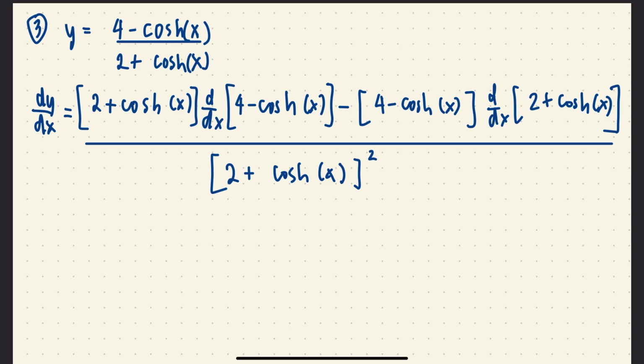So we just perform the derivative of the functions that need to be derived.